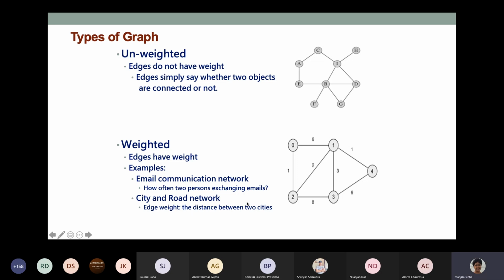Or take a city or road network. Here what we can capture is the distance between two cities. Say, for example, Calcutta and Delhi are connected by a national highway, and Calcutta and Chennai are also connected by a national highway. But the distance may differ.